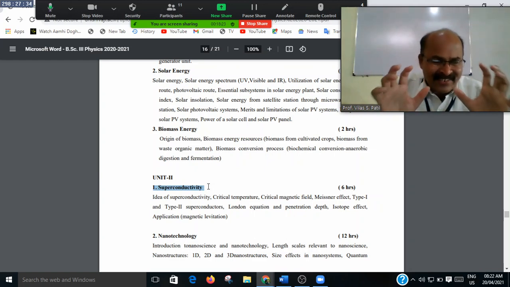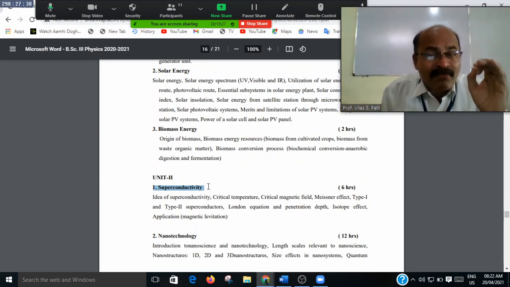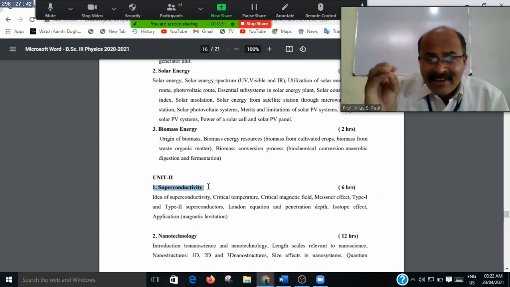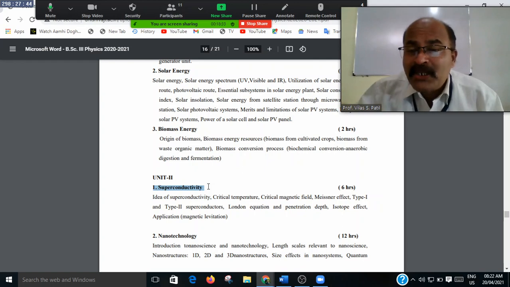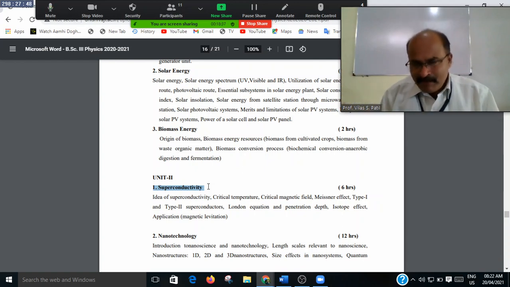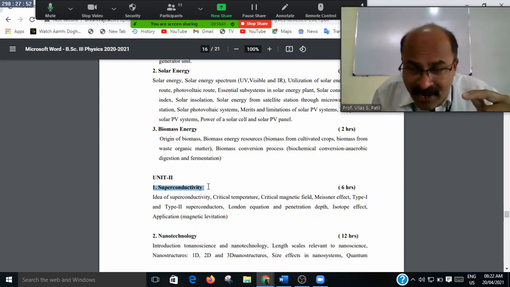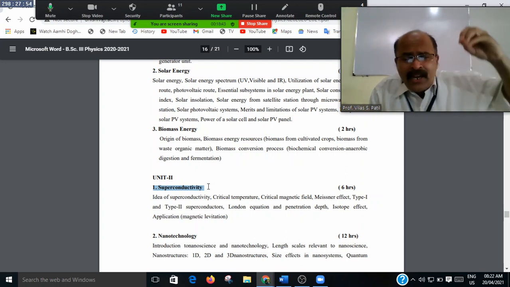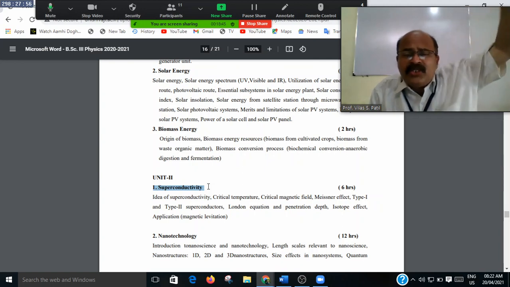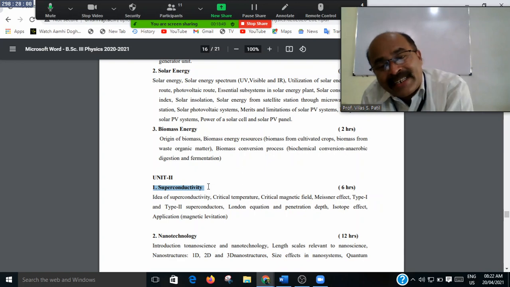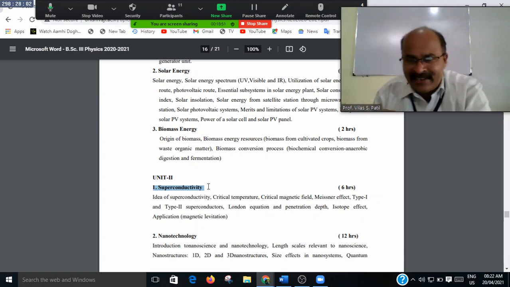That is the resistance. In a conductor, the resistance is measurable. In an insulator, the resistance is not measurable, meaning it is infinite. The matter which behaves with very high, infinite resistance is the bad conductor or the insulator.